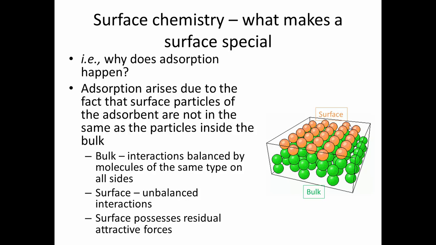So there's always room for more interactions, and that's why dirt sticks to our skin. That's why hydrogen and alkenes stick to a platinum surface, because the surface is ready to make interactions. It's got unbalanced interactions. It has residual attractive forces, and thus it attracts things. The surface does.